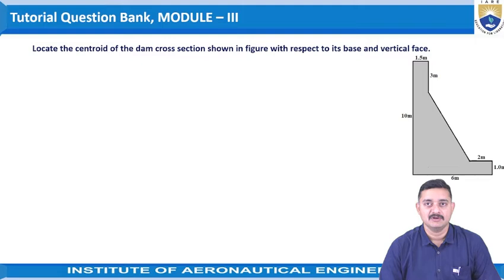As per the given figure, it is convenient to take the horizontal axis, which is the x-axis, along the base of the surface, and the axis passing through the left side of the structure as the y-axis.